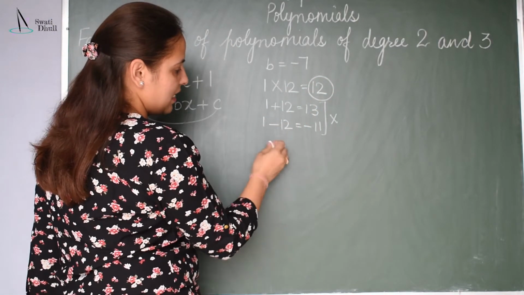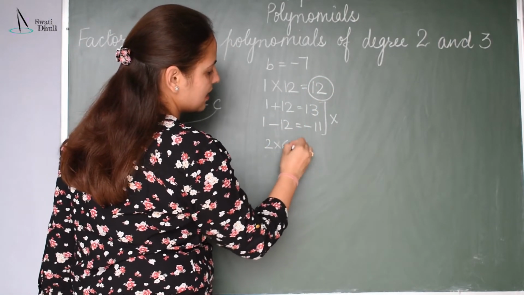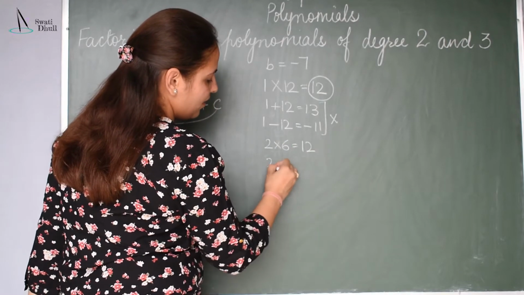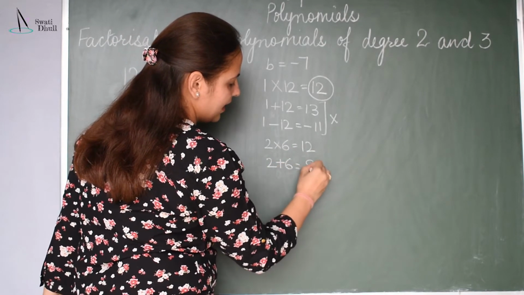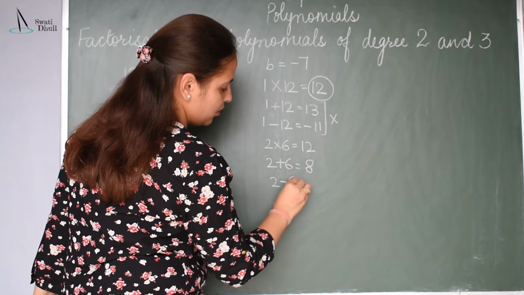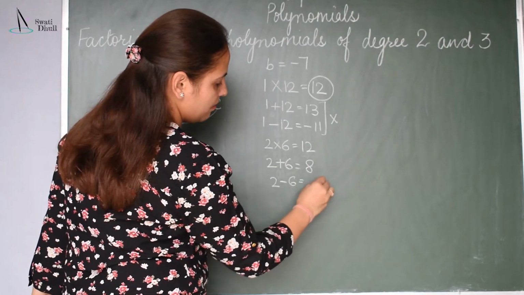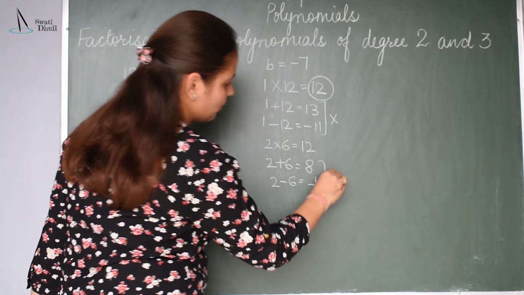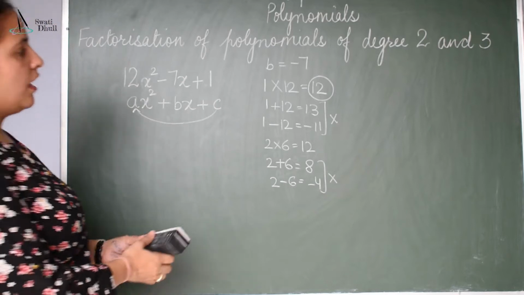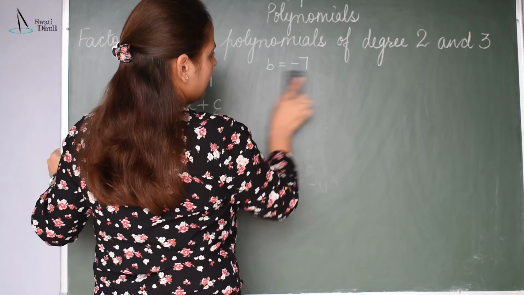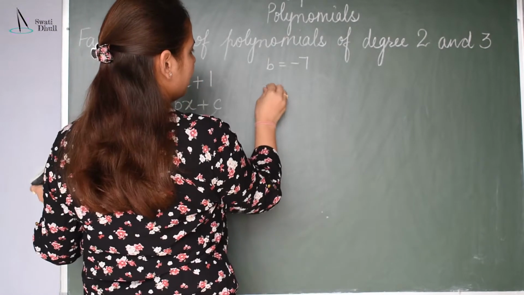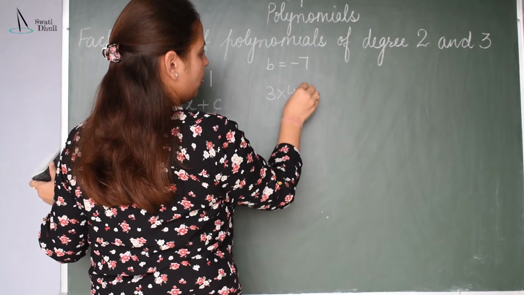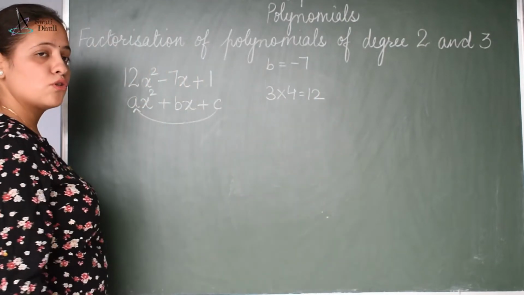Now let's proceed with 2. 2 into 6 is 12. Now if I add them, I will get 8. If I will subtract them, what I will get? Minus 4. Again, these will not be the factors. Now if I have the factors 3 into 4, I am getting 12.